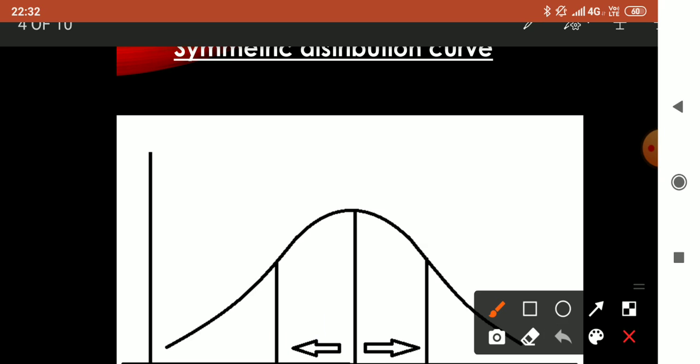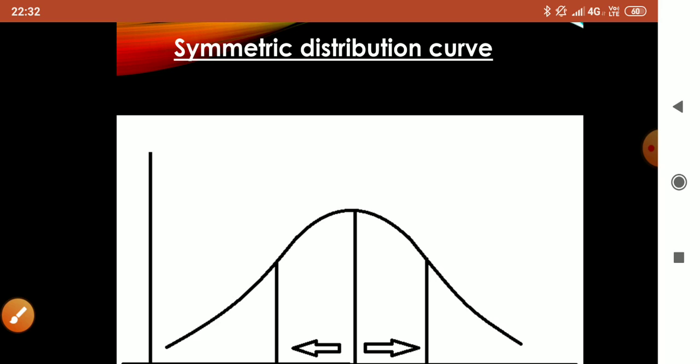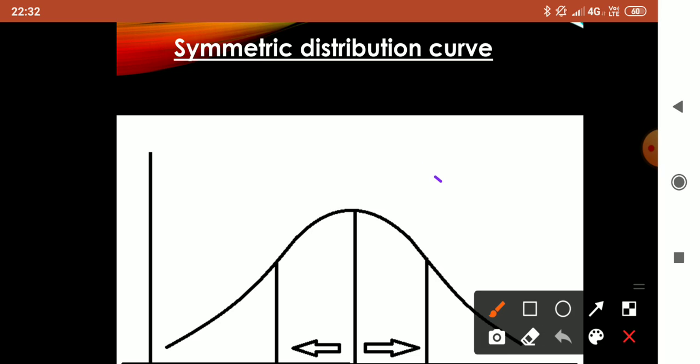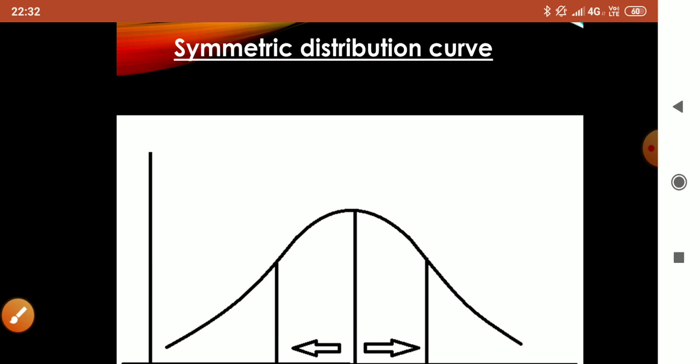You can see here, from the middle line to the right hand side the size is equal. So that is known as a symmetric distribution curve. This type of curve is known as a symmetric distribution curve, because the middle line, which is mean, median and mode, is at equal distance from both sides.